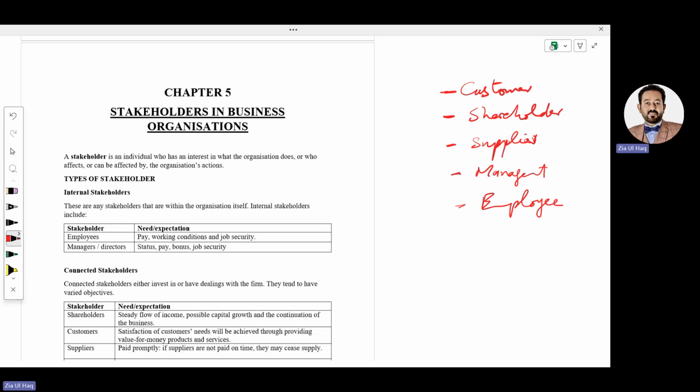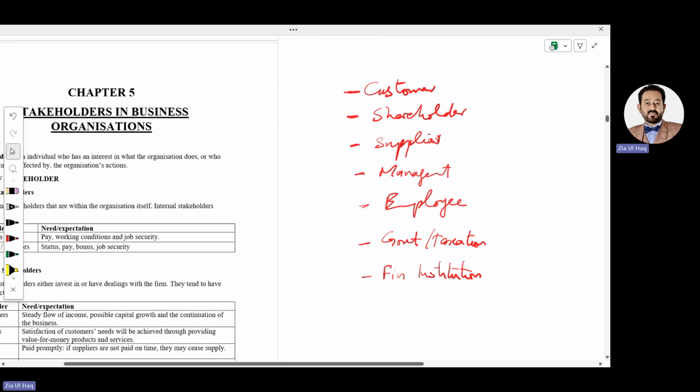And there are some other secondary stakeholders like government, taxation department, financial institutions. Who are financial institutions? Those that provide you finance, banks, general public.